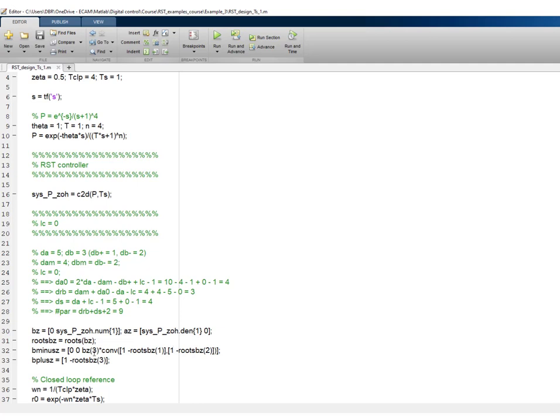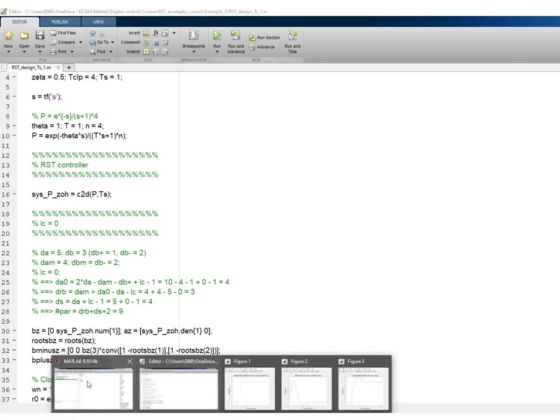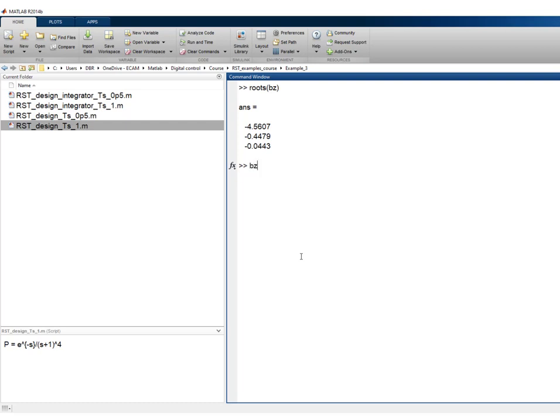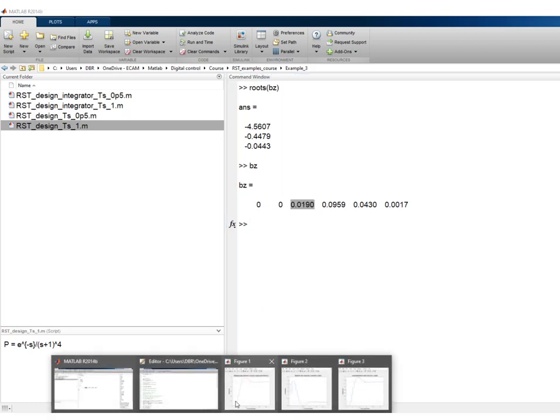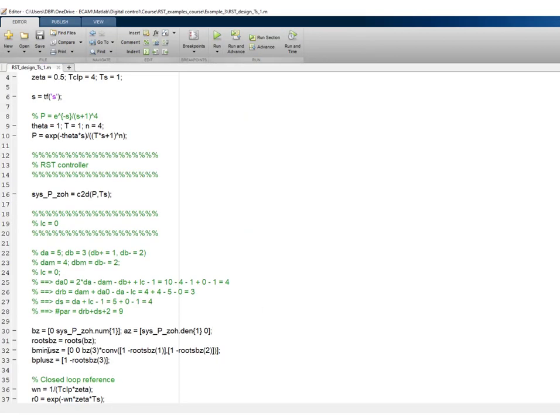And then we have to make sure that when we multiply B plus and B minus, we have B of Z, and for that we have to make sure that we multiply B minus by the coefficient that is in front of the coefficient of highest power of Z in B of Z. Let's go and have a look, and this is indeed the third coefficient. So this is why here we multiply by this coefficient, right?